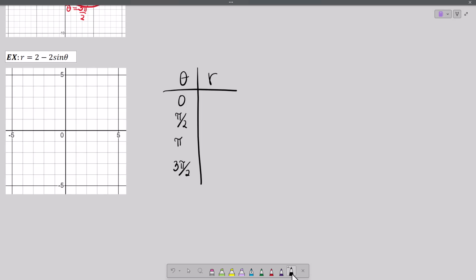So you can kind of do it on the fly on the graph itself once you get comfortable, but if you need to, do a little table of values, and that will help.